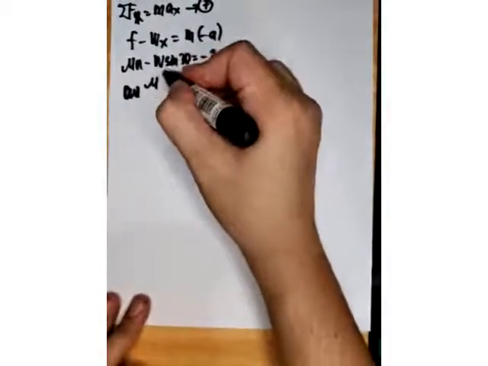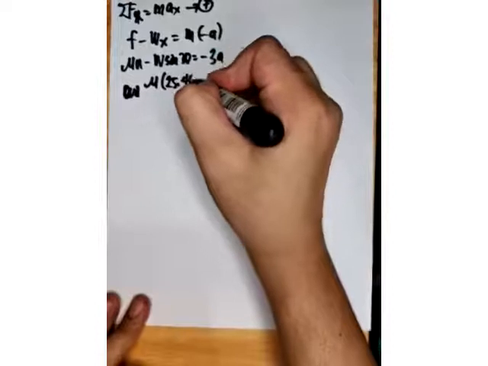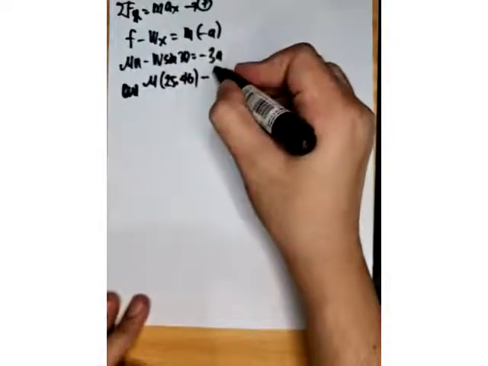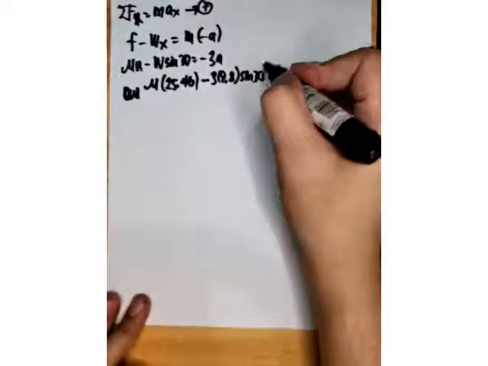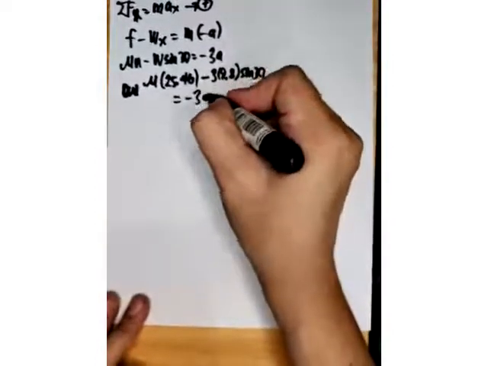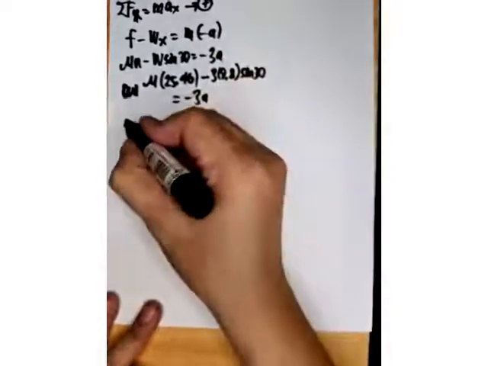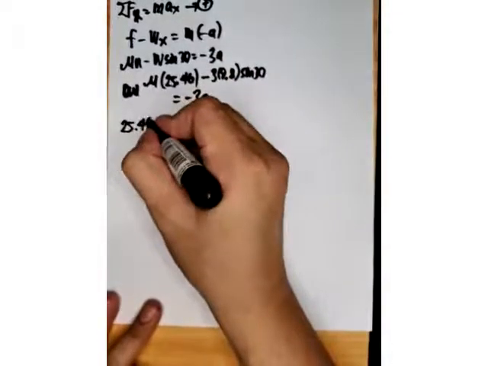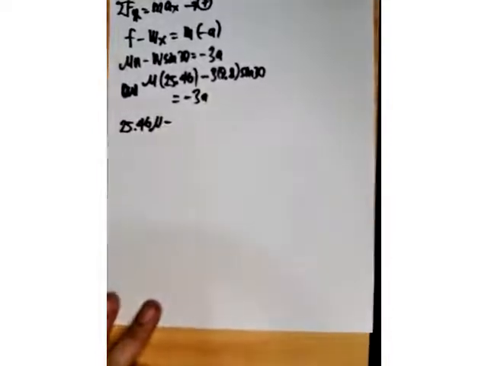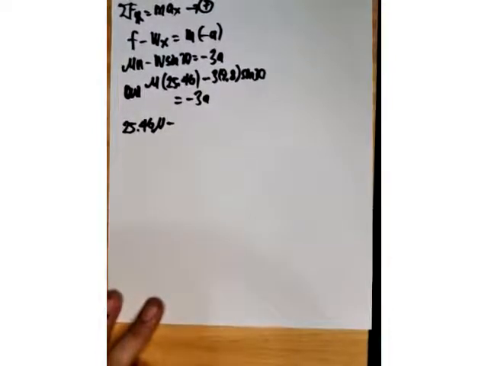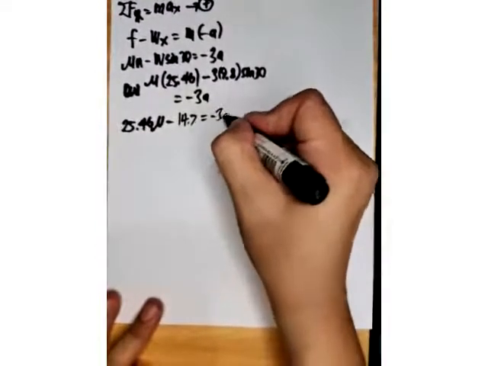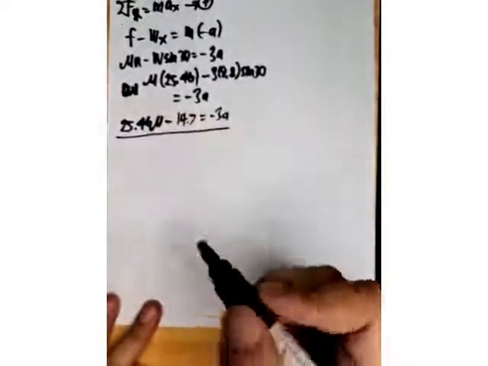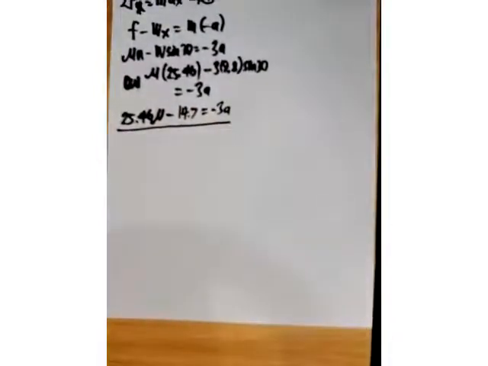So, that's mu times N. That's 25.46 minus 3 times 9.8 times sine 30 is equal to negative 3A. Okay, so let's simplify. So 25.46 mu minus 14.7 is equal to negative 3A. Ayan.